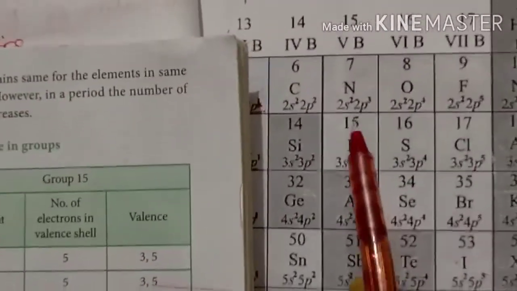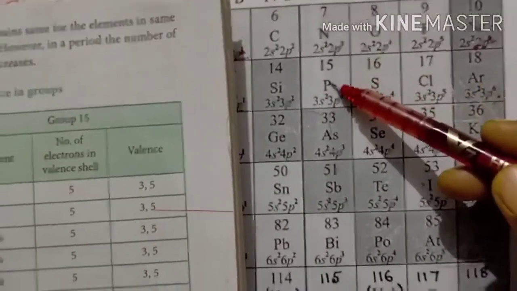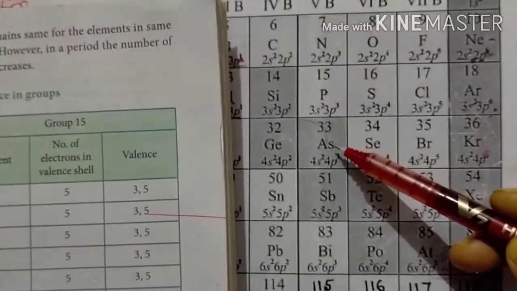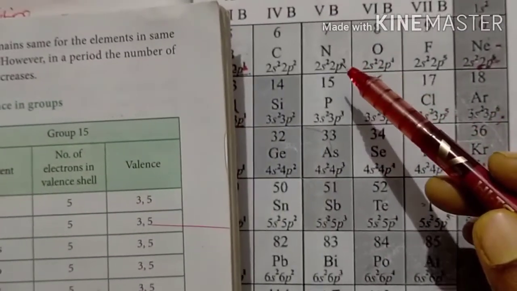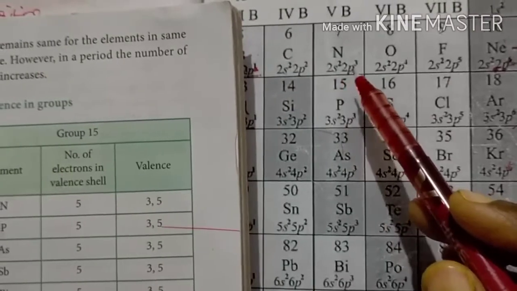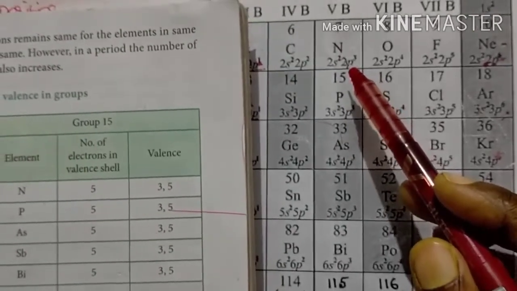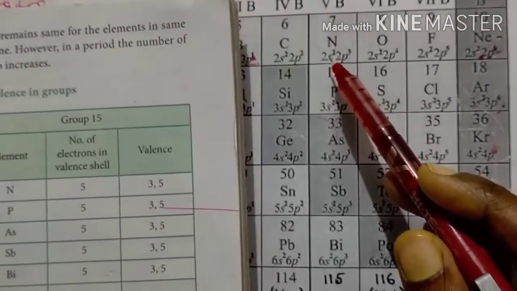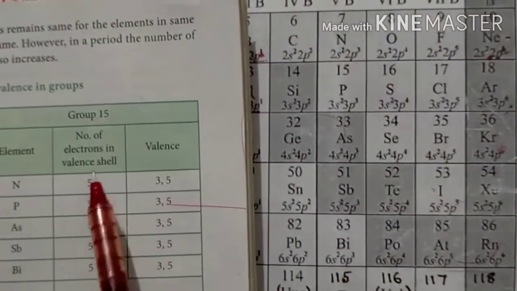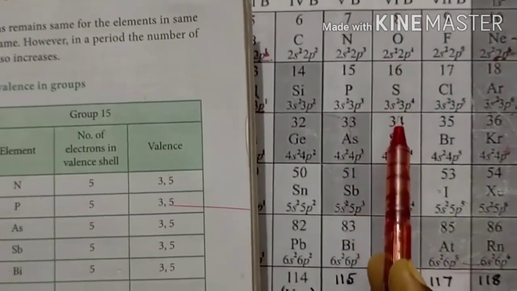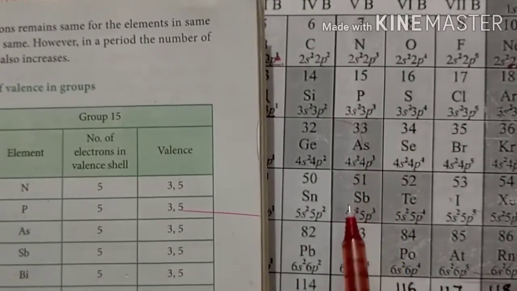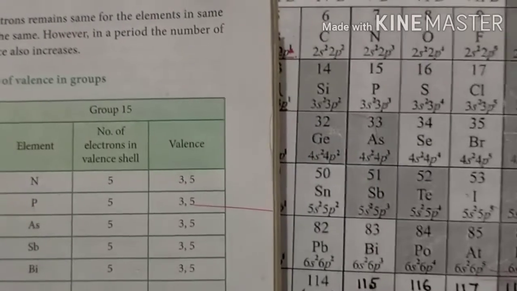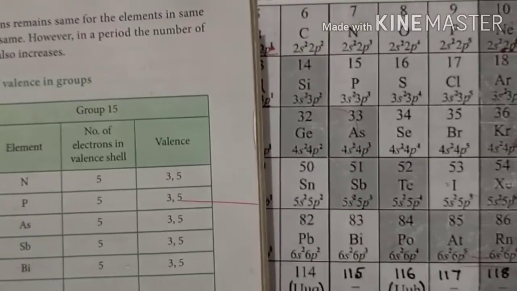Look at group number 15: nitrogen, phosphorus, arsenic, antimony, bismuth. The valence electron configuration is 2s2 2p3, so the number of electrons in the valence shell is 2 plus 3, which is 5. Here also it is 2 plus 3, 5, for each.